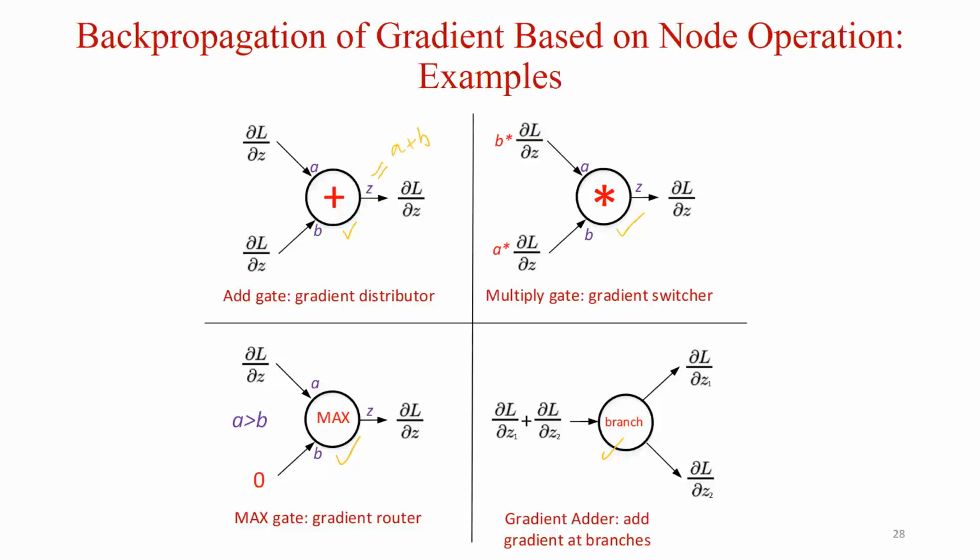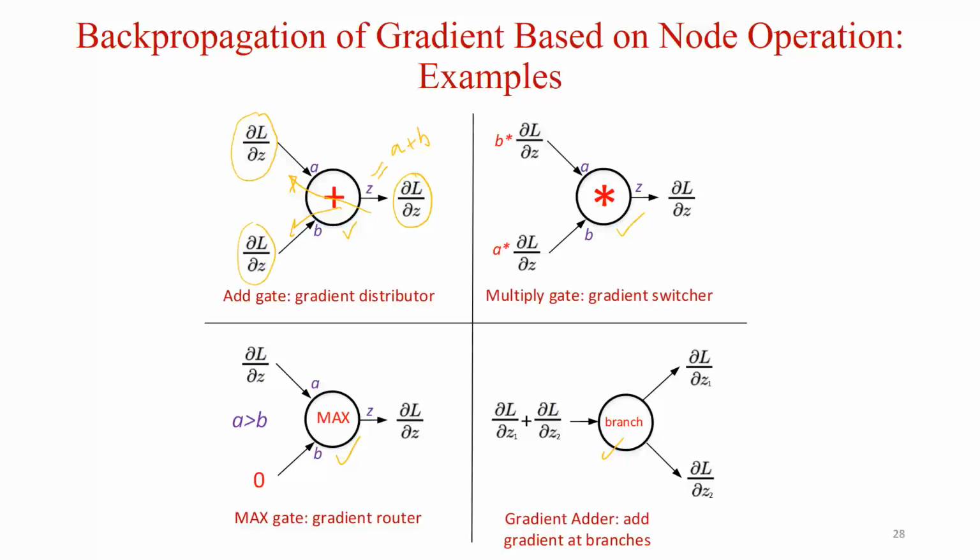So what happens when I take a derivative of the loss function, or any function, with respect to z? How can I push it back here? Well, it turns out in the case of addition, you just pass on the same function. So when you backpropagate, it will be delta L over delta Z.